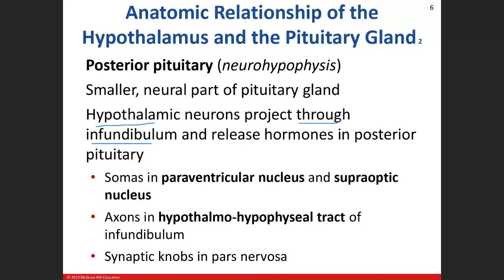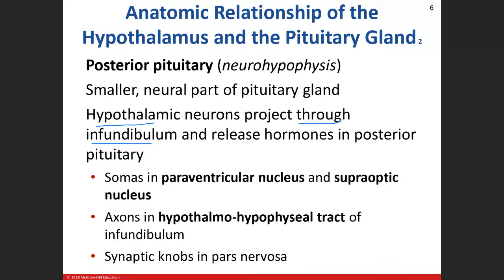The interesting thing is, the somas, the bodies of these neurons, make the hormones, and then they ship them down into the pituitary gland. The pituitary gland will then release, or secrete, those hormones.